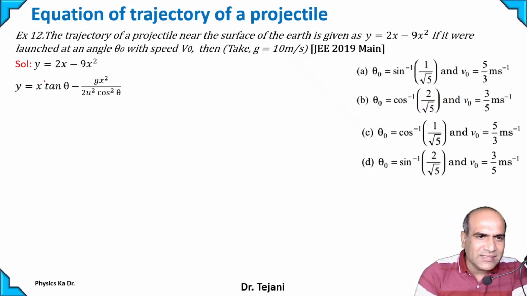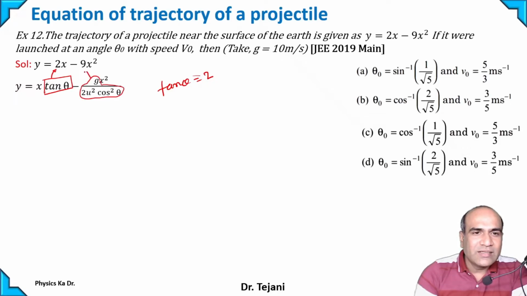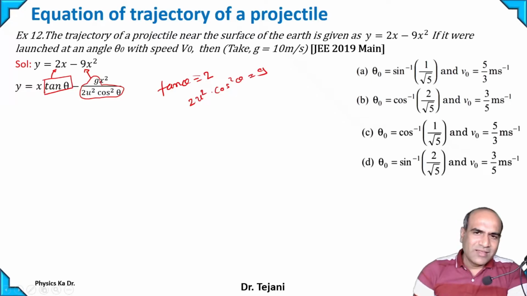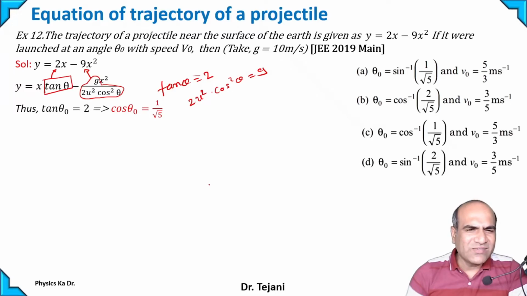This is x tan theta, so can I write tan theta is 2, and similarly this entire portion, can I write 2u square cos square theta is equal to 9? Of course we can. So let's write.